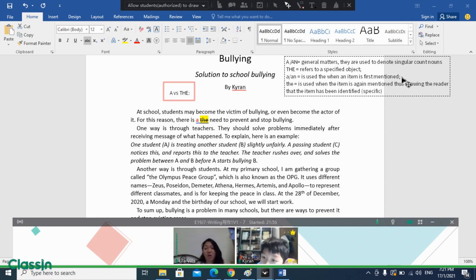So you're using the to communicate a sign. You're telling the reader, I'm talking about something specific. I'm not just talking about any other object. This is a special object. That's what it means when you shift from a to the. Does it make sense?